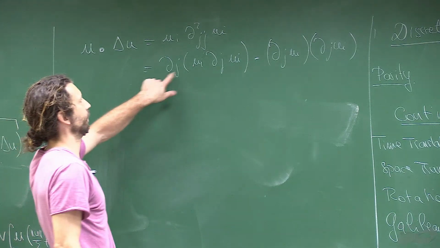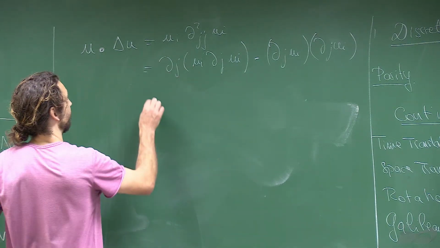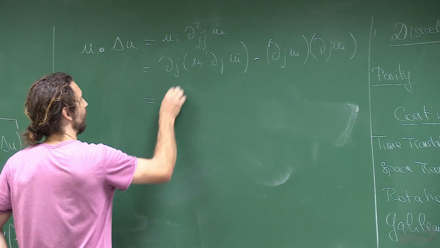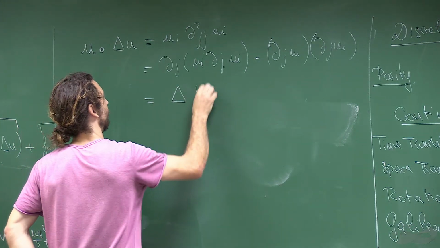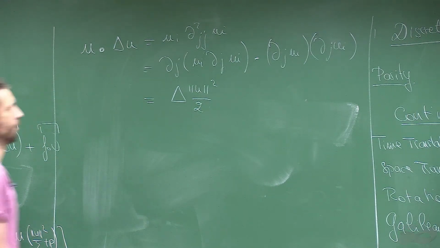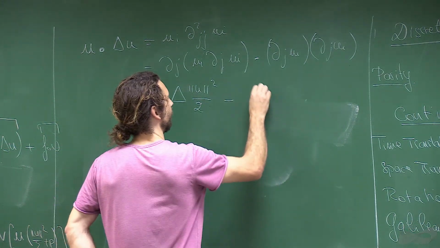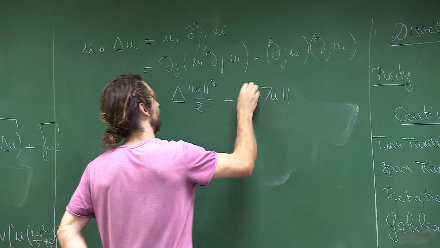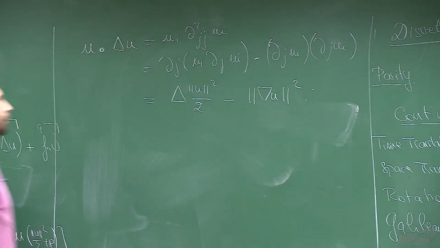That's nothing but the Laplacian of u squared over 2 minus the norm of the gradient squared.